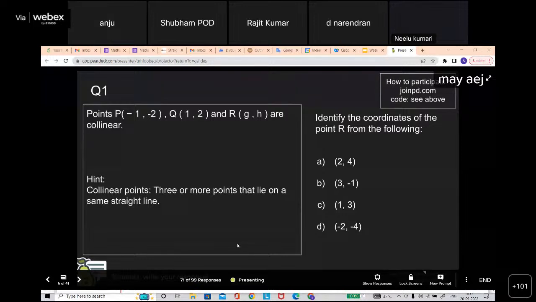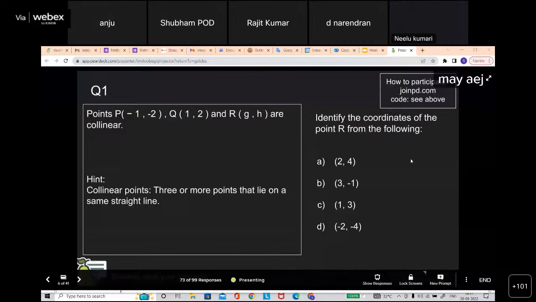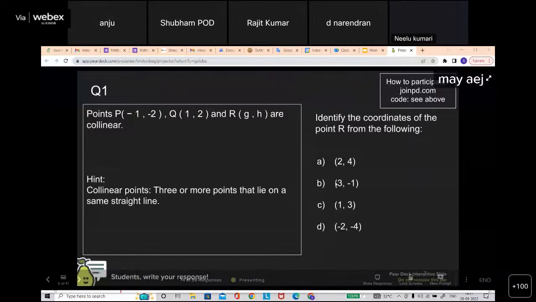One minute more, then we'll start the solution of the question. So try to answer as much as possible. Let's see the responses also.